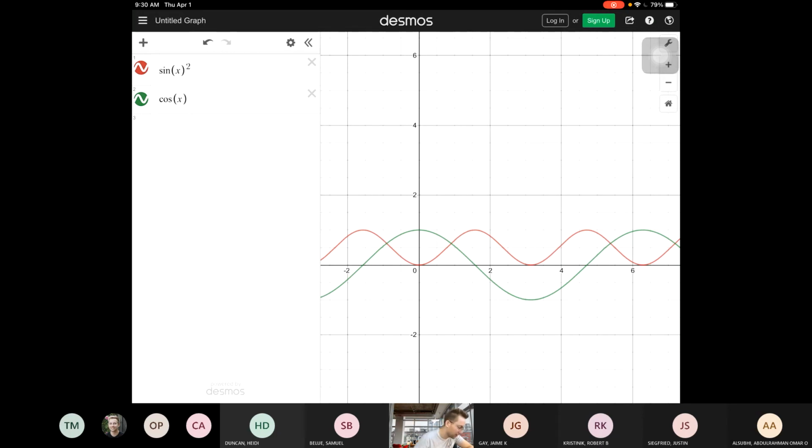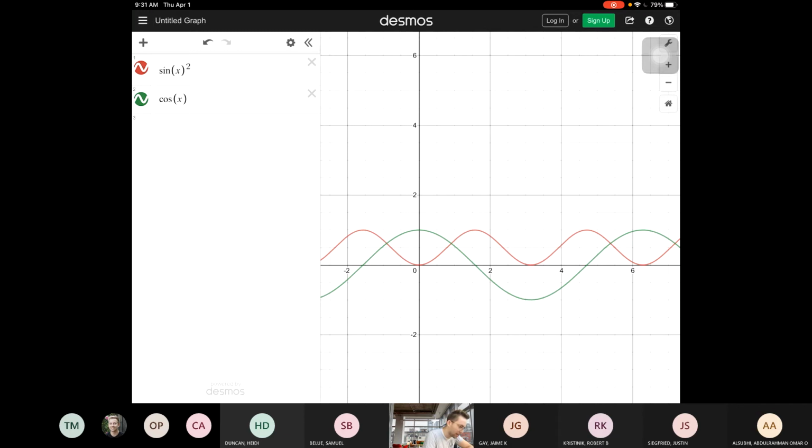when we start squaring it, okay? First of all, it's not going to have as nice of a period. It's going to be a lot more wiggly. And also, you can see that it's always positive, right? If we take any number and we square it, we get a positive number or 0.